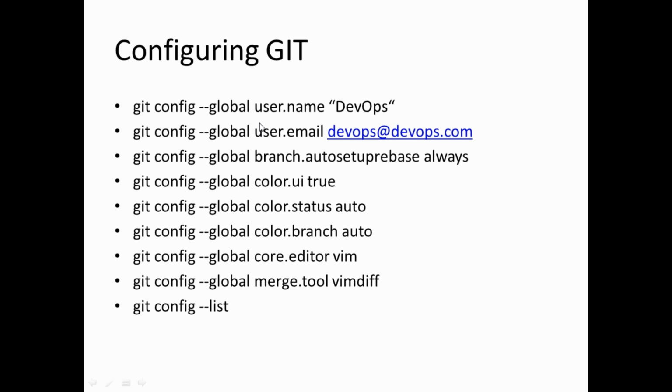This configuration we are doing is client side; the server side is a little bit different. Then git config --global user.email: you have to set up your email ID as well, so that if you have an LDAP or some authentication method, it is going to use your LDAP username to log in.